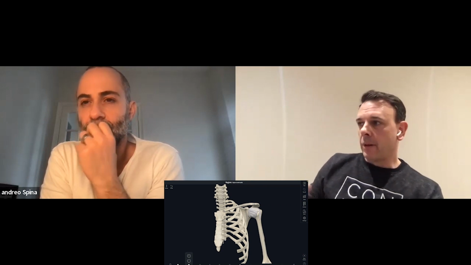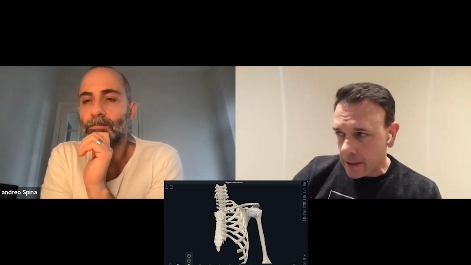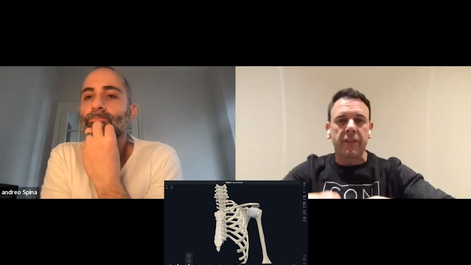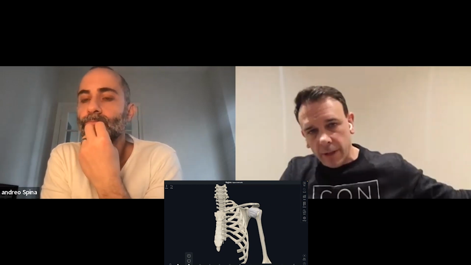But again, they default to it in this general way, whereby banded rotation stuff in a side position, at 0 degrees of abduction, is just going to target everything. It's going to strengthen the rotator cuff appropriately. It's going to make the capsule more robust and stiffer, which we want.